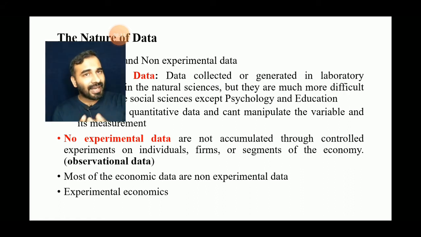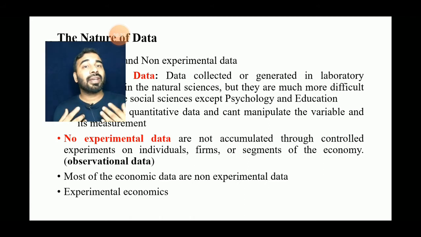So by doing certain experiments, they can convert their data. But in social science, we can only report the data and we cannot manipulate the data. Okay, so most of the economic and social science data are non-experimental data, or what we call observational data.